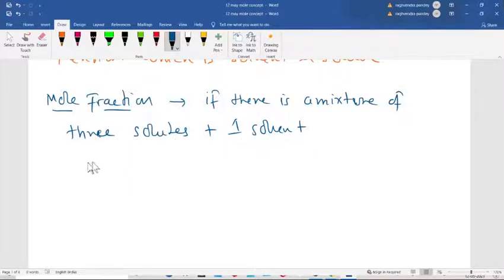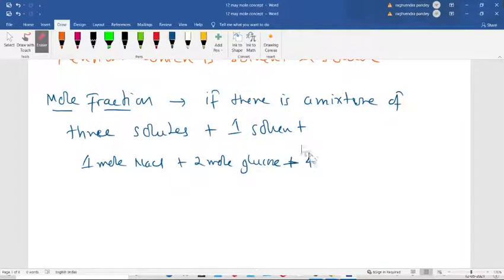Suppose 1 mole NaCl plus 2 mole glucose plus, let's take 3 mole.